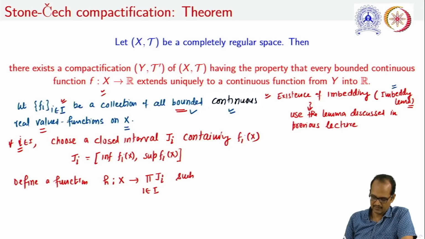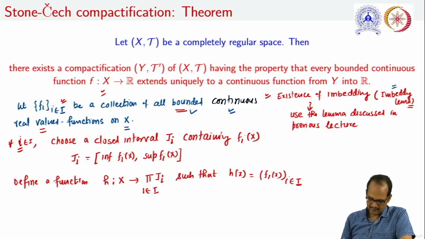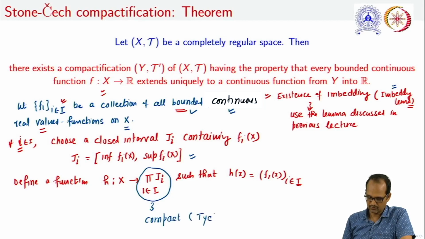We are defining it in this way: h(x) is precisely the components given as fi(x), i belongs to I. It is to be noted here that when we are talking about this product, every closed interval is compact, and therefore by using Tikhonov theorem this product is also compact. This is because of the well known Tikhonov theorem.